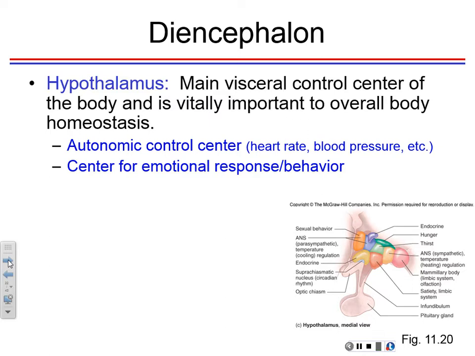The anterior and posterior pituitary are controlled by the hypothalamus. So any sort of soft internal organ functions, blood vessels, the digestive system, all those things. Viscera means soft internal organs. And therefore, it's really the center of all the homeostatic mechanisms, right? Because it will have a bearing on everything.